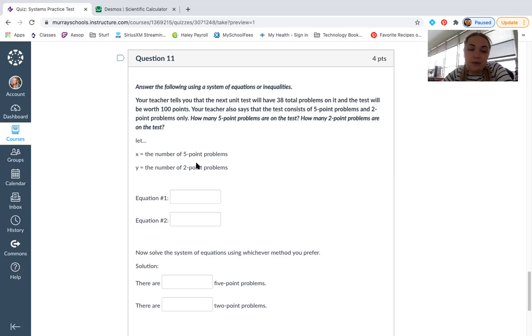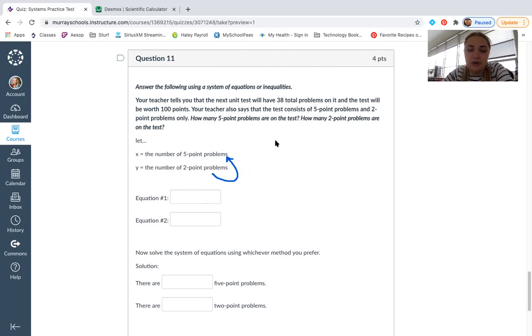So x is going to equal the number of 5-point problems, y the number of 2-point problems. Now, think about the last problem, question number 10, where it was dependent. The cost of the gyms depended on how many months you had a membership. This one, 2-point problems, they don't depend on 5-point problems. You can have a bunch of each, and if you change one of them, it doesn't really change the other.